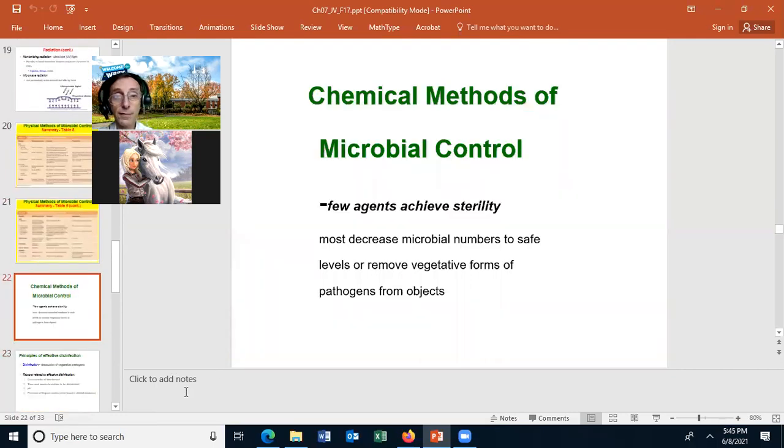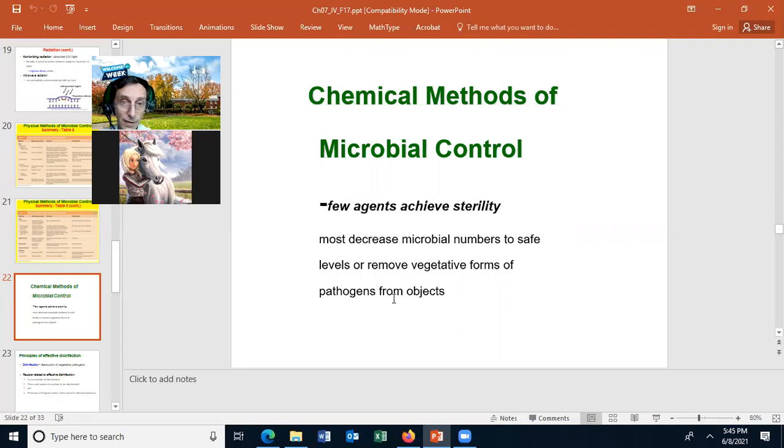All right, let's move on to the chemical methods of microbial control. There are few agents that actually achieve sterility. Most of the chemical methods for controlling microbes only decrease the microbe numbers to a safe level or remove the vegetative forms of the pathogen from an object.